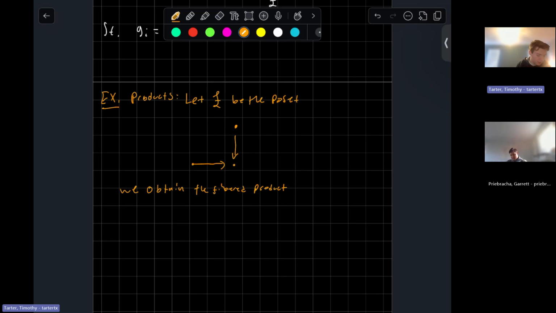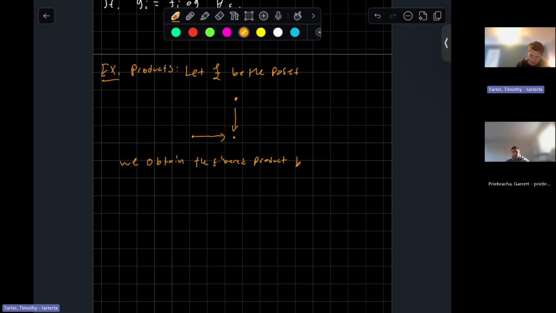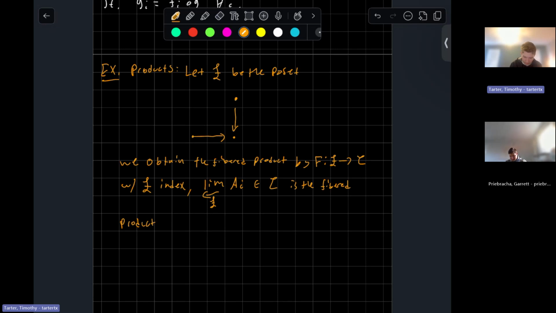So basically what we're saying is if we have a category C and we have a functor from script F into C, with F as an index, then the inverse limit of any A_i over F in C is the fiber product through A_i.